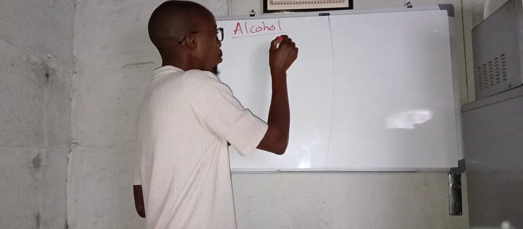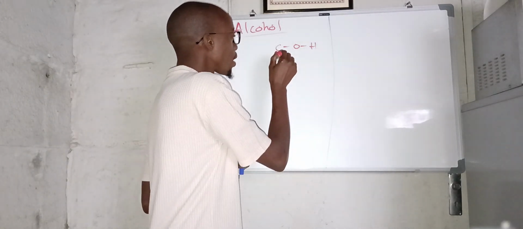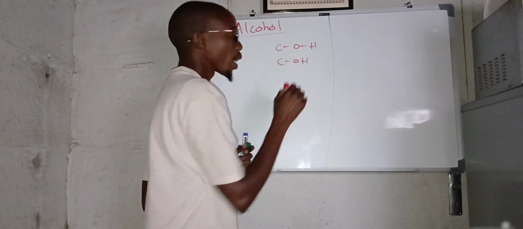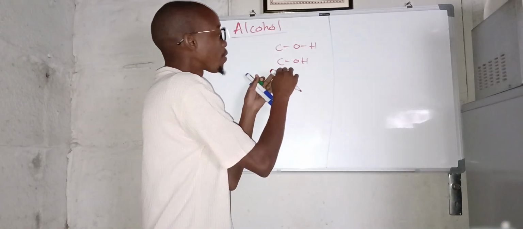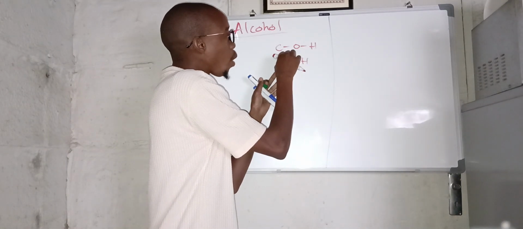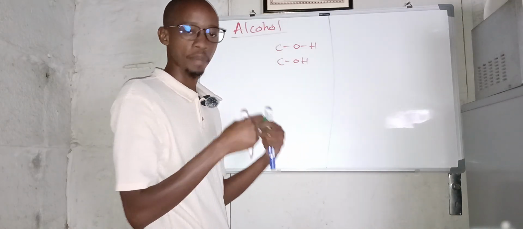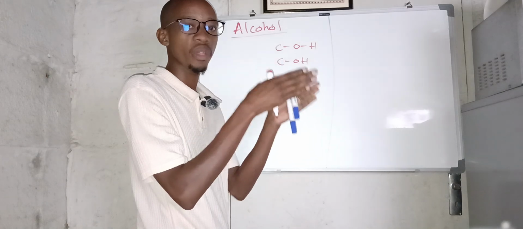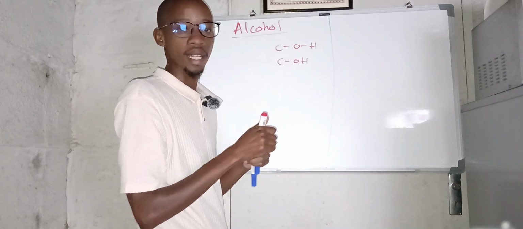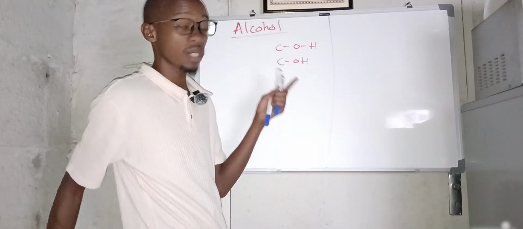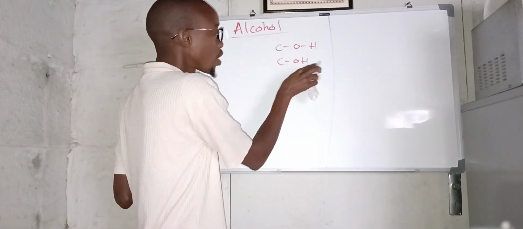The functional group of alcohol is OH. I know some people like to write it like this, C and then OH like that. Please, as my advice, refrain from writing it like this. Show all the bonds when they say to draw the structural formula, because the purpose of the structural formula is to show all the bonds that exist between all the elements. The examiner can give it to you like this, but you yourself do not do this.